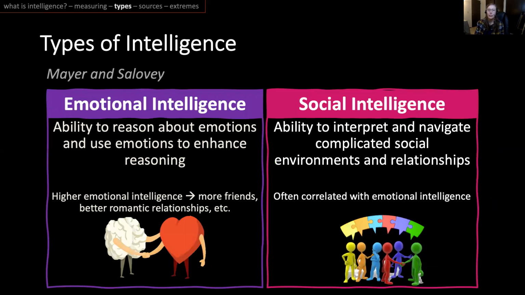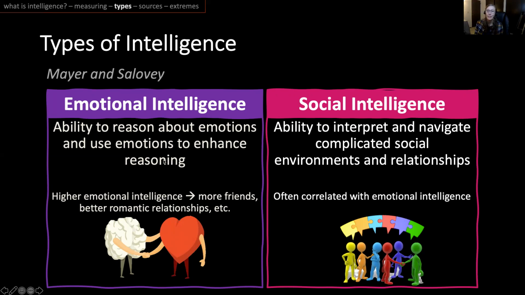But Gardner never mentioned emotional intelligence in one of his 8 areas. So these 2 people, Mayer and Salovey, were like, hey, let's add that. So they developed a theory in the late 90s, early 2000s that involved emotional and social intelligence. Emotional intelligence is things like being able to reason about emotions and using emotions.